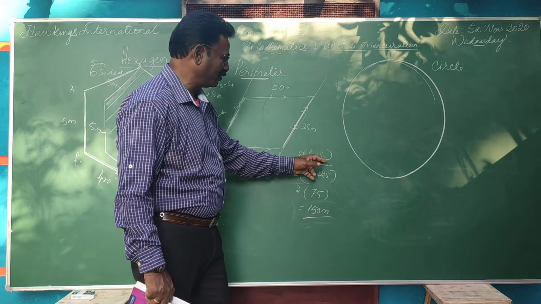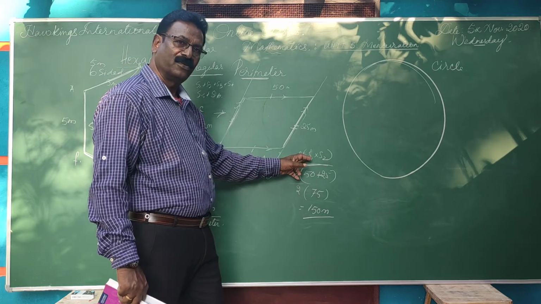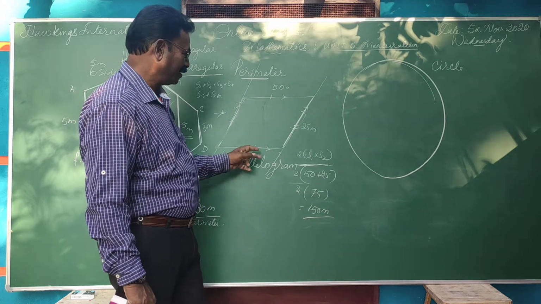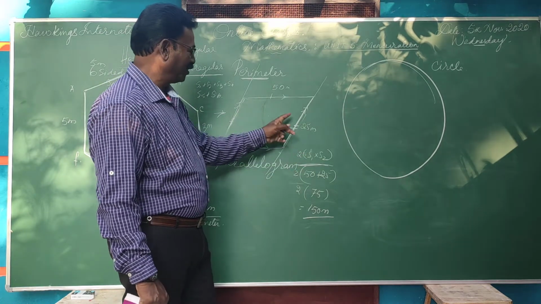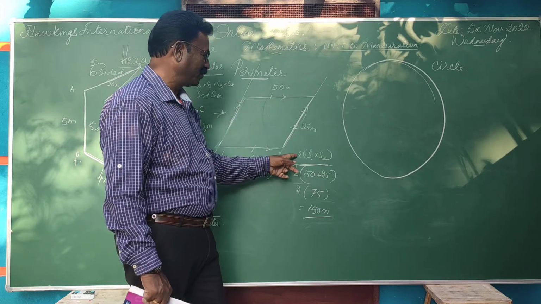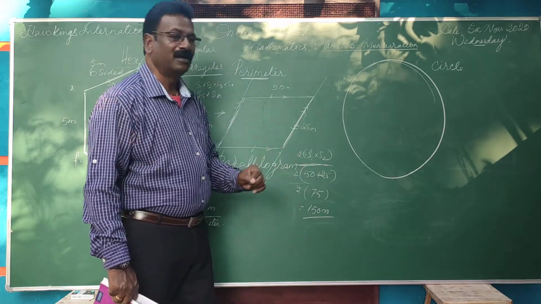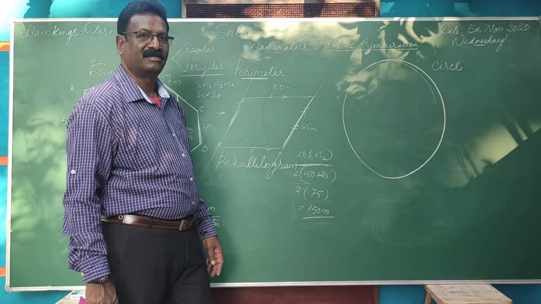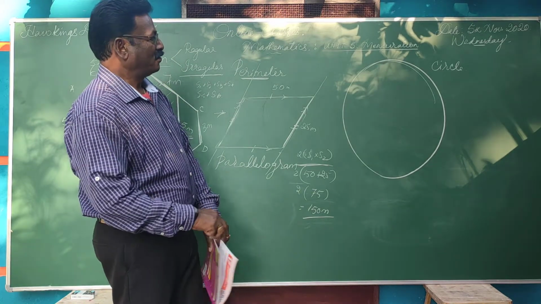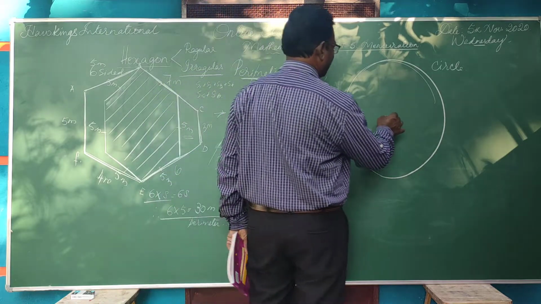That's why we took only 2 sides, because one side is equal to the other side, so it is multiplied by 2. Similarly, other 2 sides are equal, side 2 multiplied by 2. So altogether now you get 150 meters.